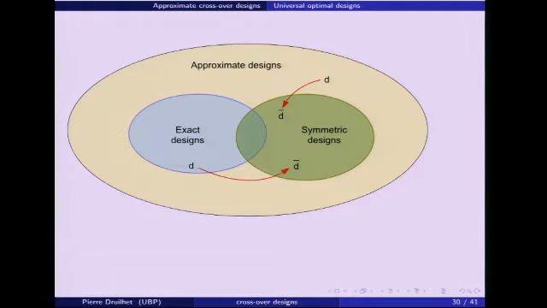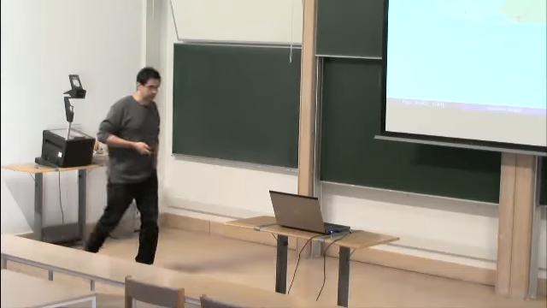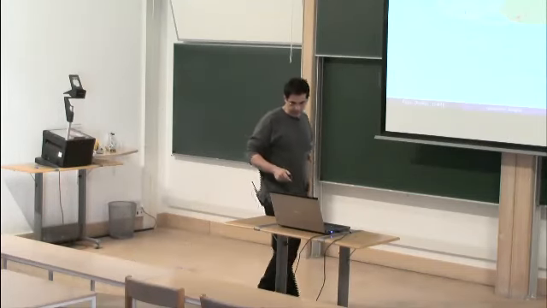Now we change by seeking an optimal design among approximate designs, and in this set of approximate designs, we know that an optimal design belongs to the symmetric designs. So you may have one outside, but if you have an optimal design outside, you have a corresponding one inside. So we know that we have to seek optimal designs here. That is what we will do.